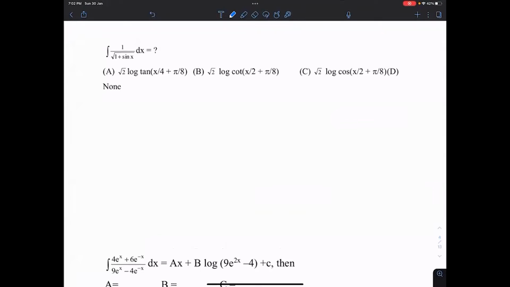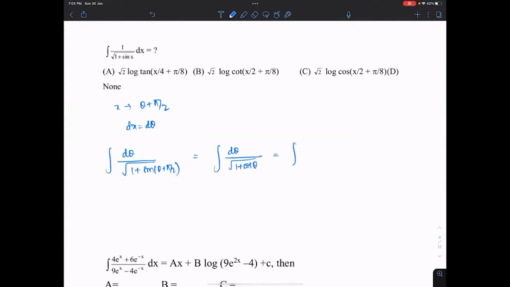Now, whenever inside root like this, root 1 plus cos x is easy to do. So that's why what we do is simply instead of x, let us put the substitution theta plus pi by 2. Then dx will be d theta. This will be integral d theta by root 1 plus sine of theta plus pi by 2, so it will be integral d theta by root 1 plus cos theta.